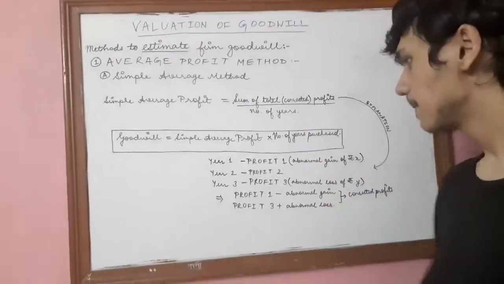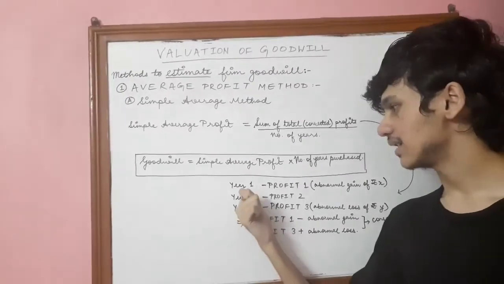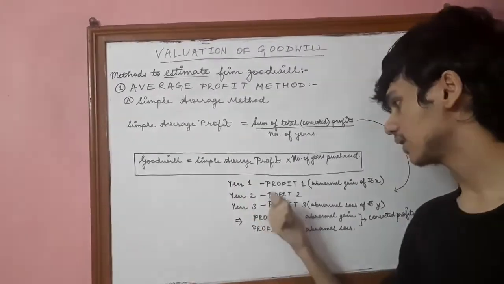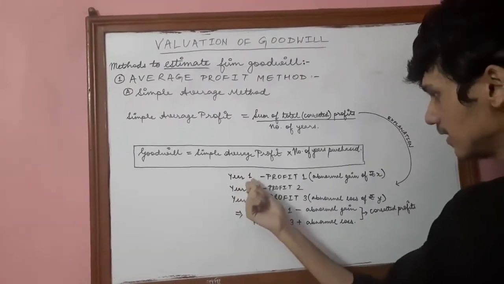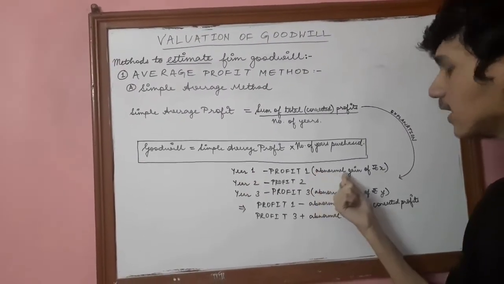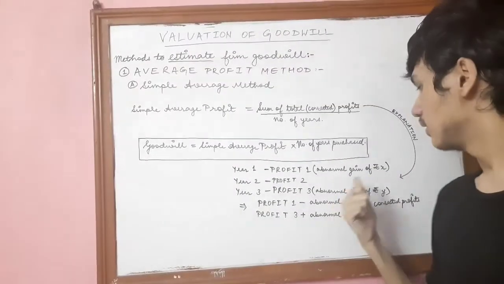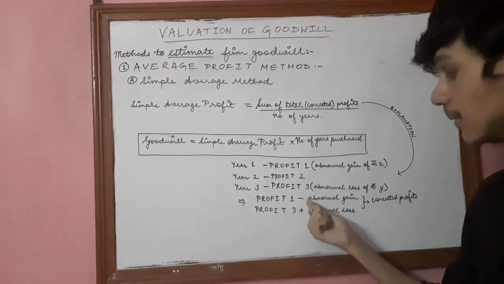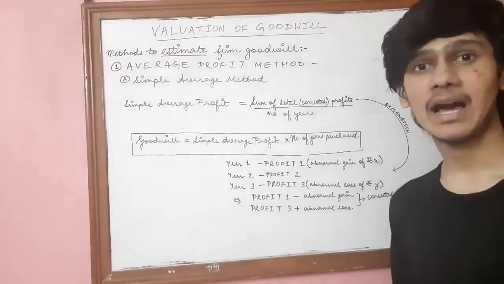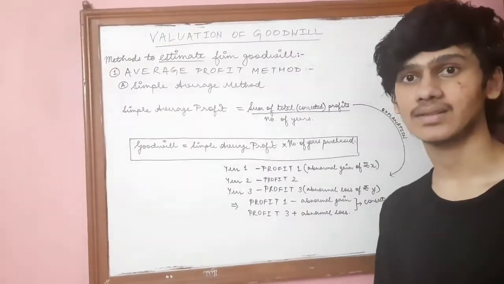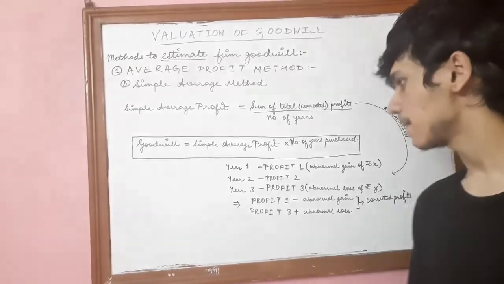For explanation, for example, there is first year, second year, third year, and the profits are 1, 2, 3 respectively. In the first year, we see that there is an abnormal gain of rupees X. So we subtract it because it is an abnormal gain which never really happens on a yearly basis to be honest.